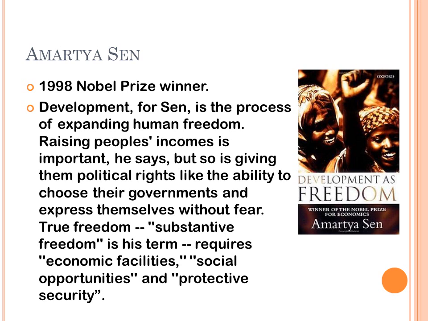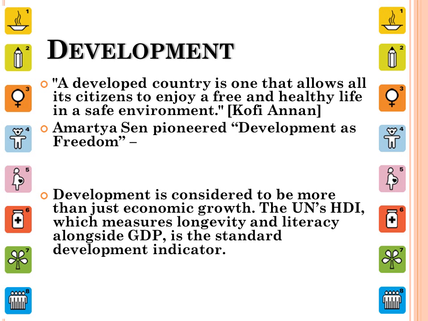So things like democracy are hugely important to being a developed country. But in his view, you need the freedom to enjoy a good life, which requires facilities, opportunities, a welfare state, and so forth. So when we think about development, we think about how countries become those successful countries where everyone has a capability and a high standard of living.